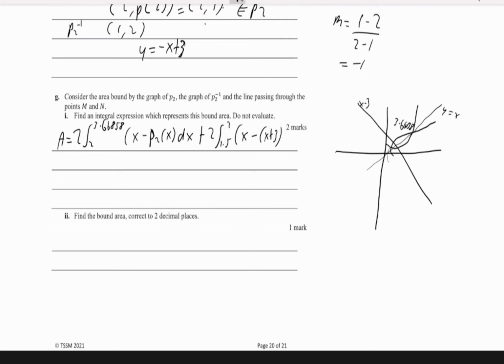So that would be the total area you need to find. I forgot to say that you get this because that's the intersection of x and negative x plus 3. So that's the integral you would need to solve. And once you solve that, you get the answer to part I, which is a equals 4.60 units squared.